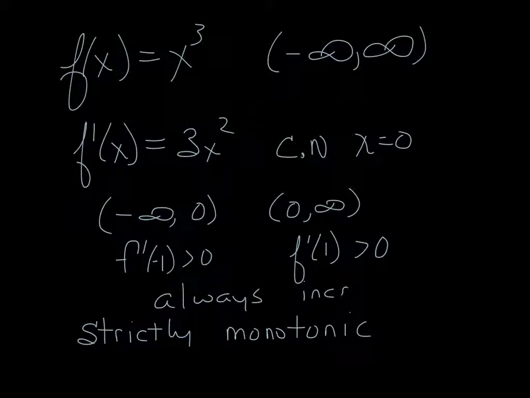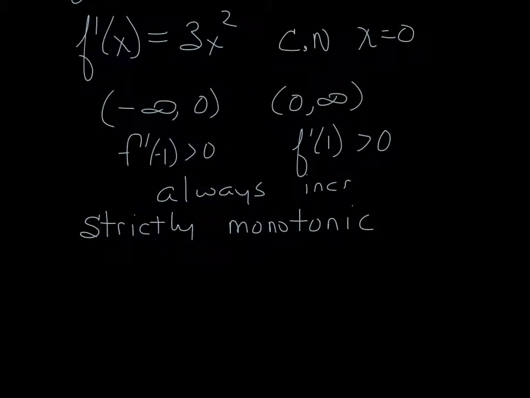It's strictly monotonic. It simply means it's always increasing, or always decreasing, or always constant. Mono, it's not going to change. So while this function looks like this, it's strictly monotonic.